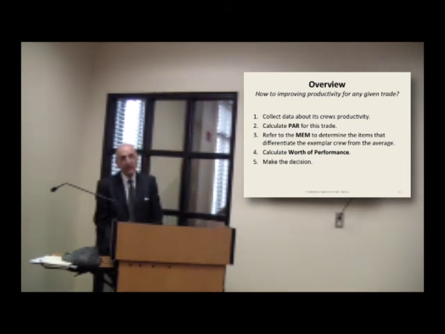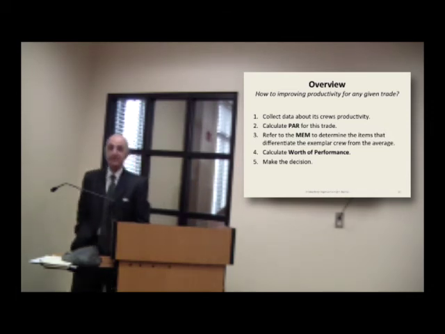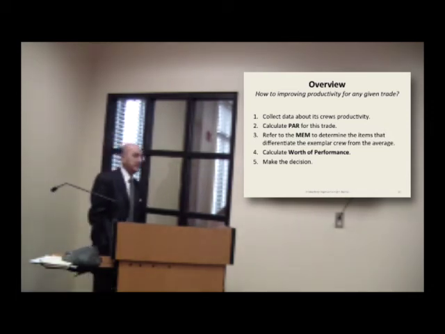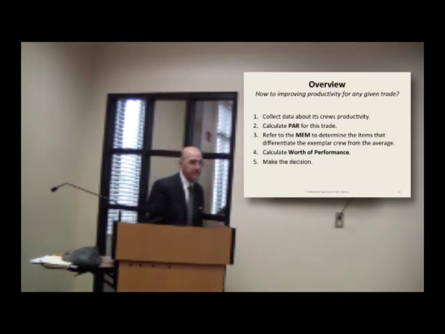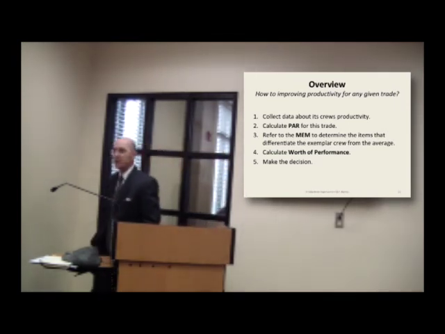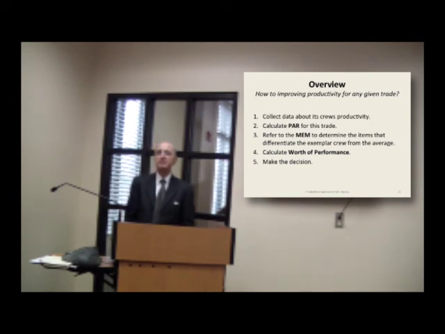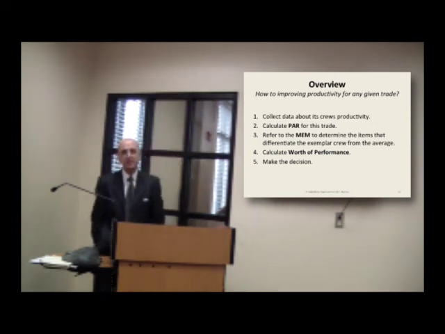Okay? Calculate the worth of performance and make the decision. If the worth of performance is good, the benefit cost analysis is okay, go ahead and improve the productivity using the methods engineering model.